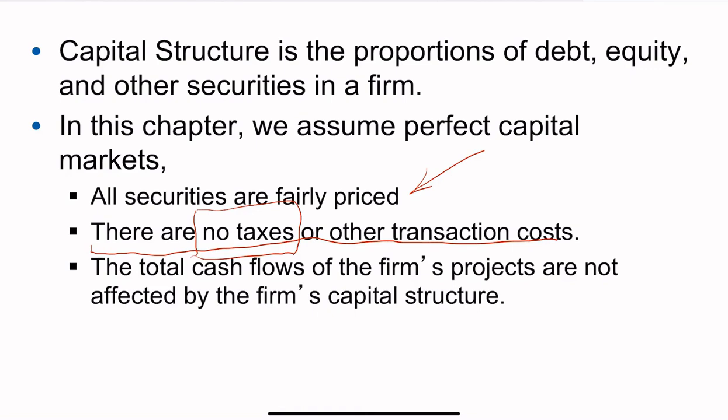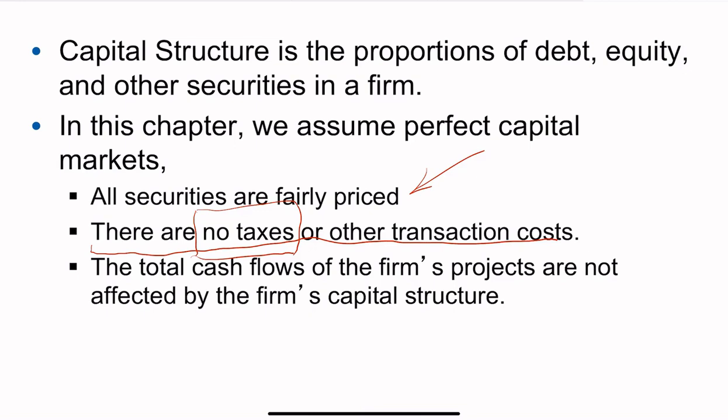And then the third assumption is also important. It assumes that the total cash flows of the firm's projects are not affected by the firm's capital structure. So it basically says that a firm can modify its use of financing. You can use more debt or less debt, more equity or less equity.